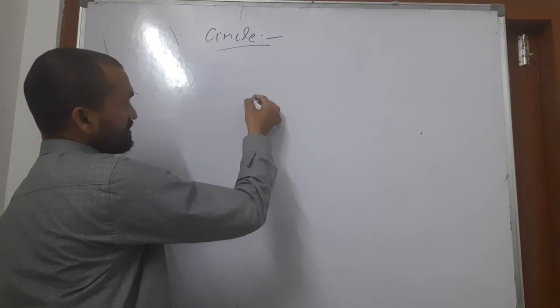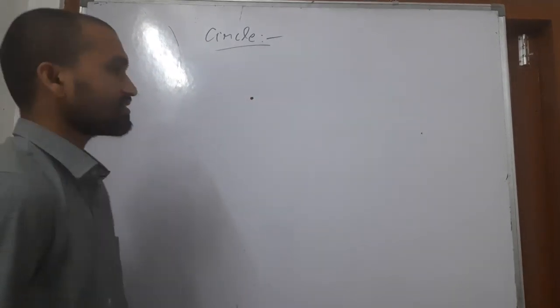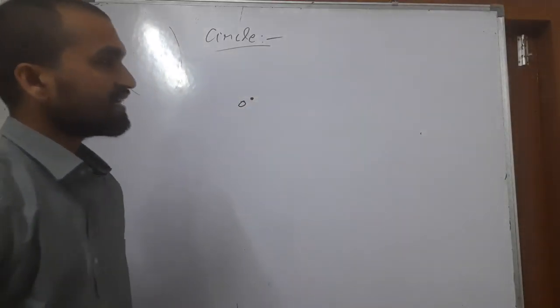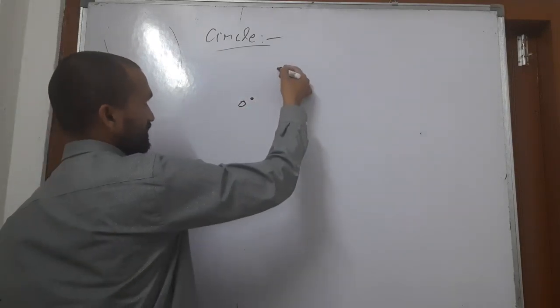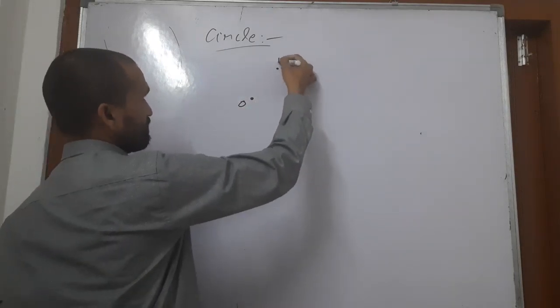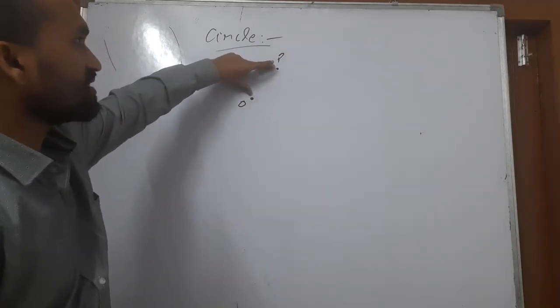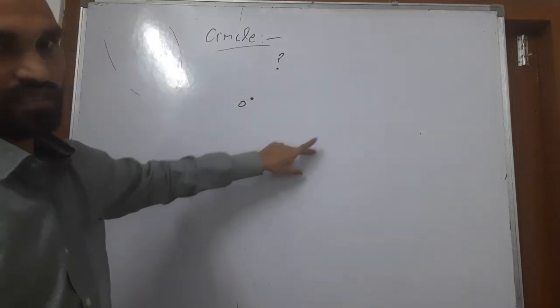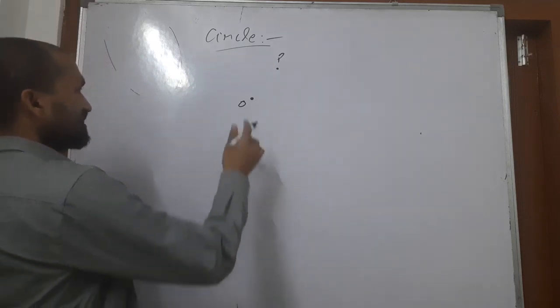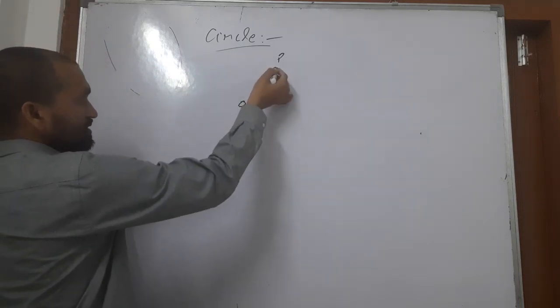So let us take a fixed point, that is O. If we take another variable point here, that is P, and the distance between O and P is always constant, then the figure formed will be what? Circle.